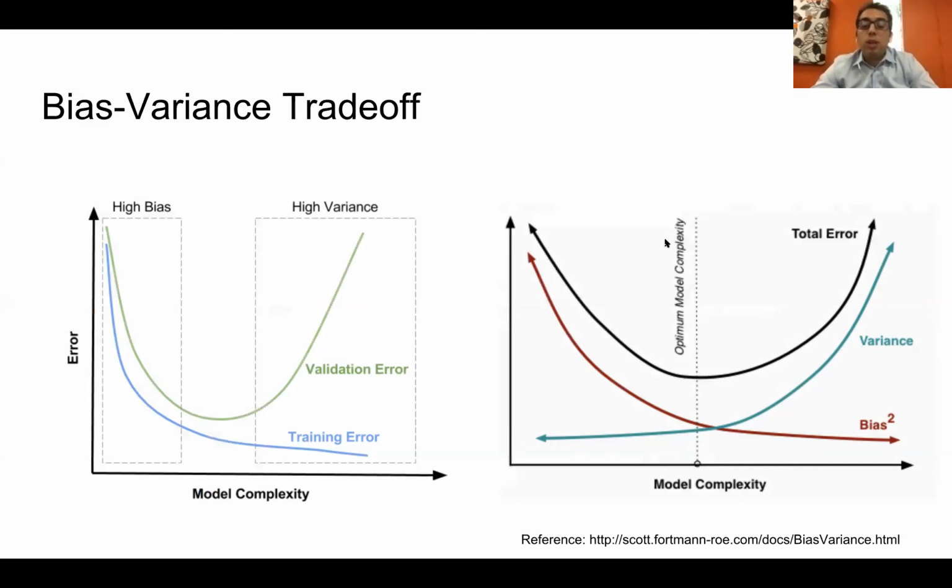On the plot on the right side here, you can see that as your model complexity grows, the total error first goes down and then goes up again, because your bias goes down as the model complexity grows, while your variance goes up.